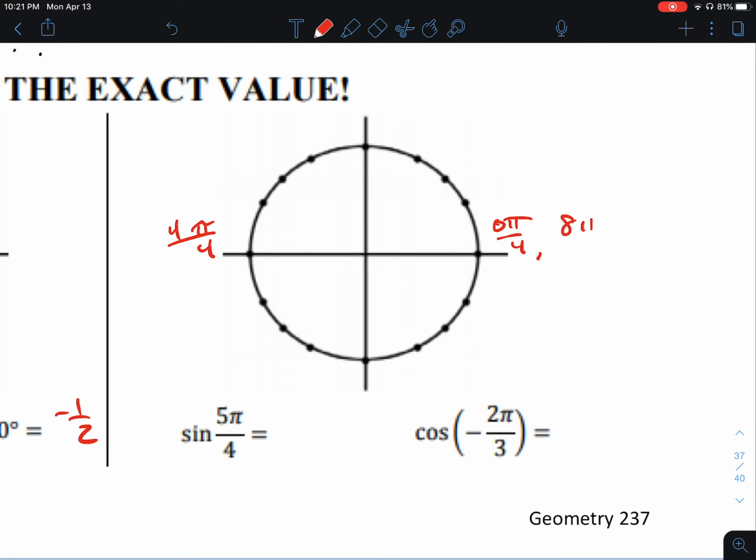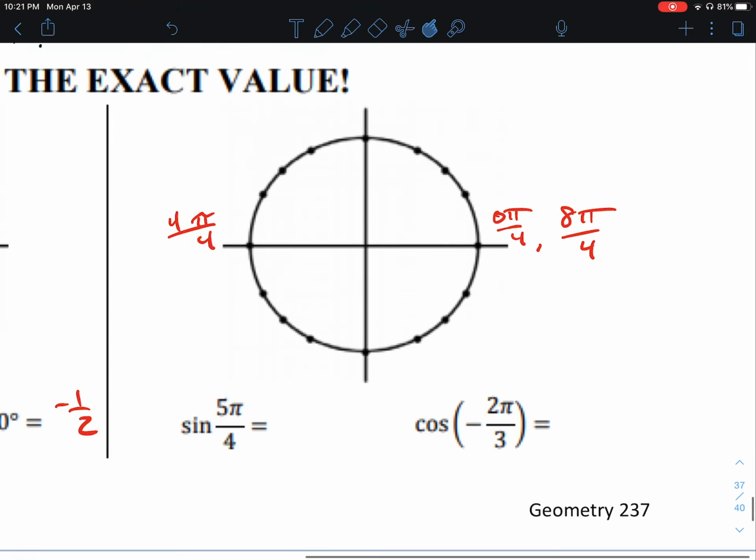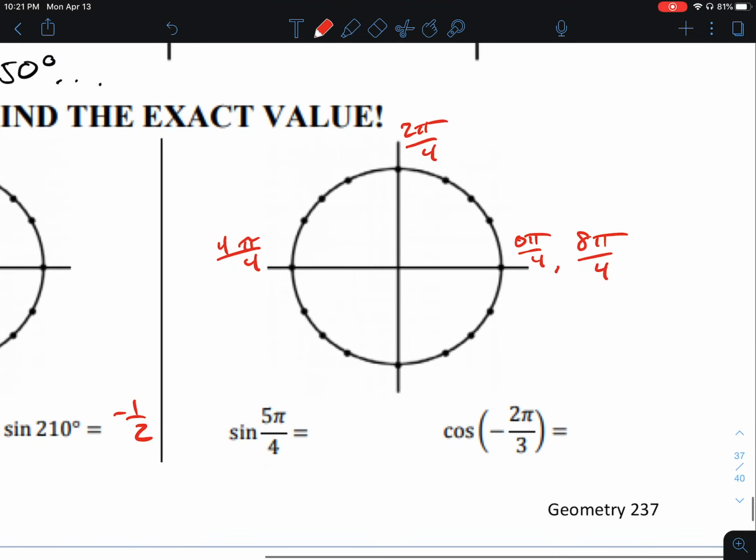All the way around, 2 pi is 8 pi over 4. Halfway between 0 and 4 would be 2 pi over 4. And then, my numerator goes 0, 2, 4. This would be 6 pi over 4 down here. Hopefully you can see that 5 pi over 4 falls halfway between 4 and 6. So halfway would be here.